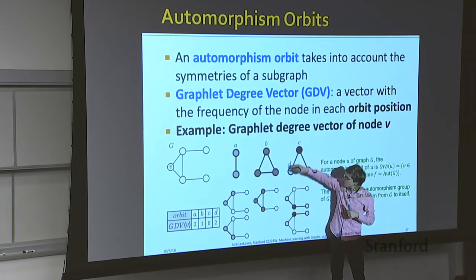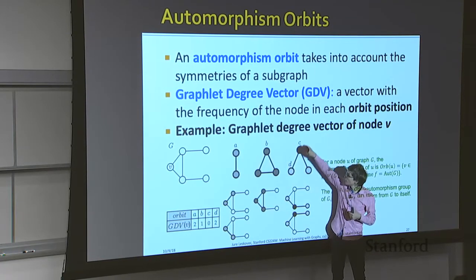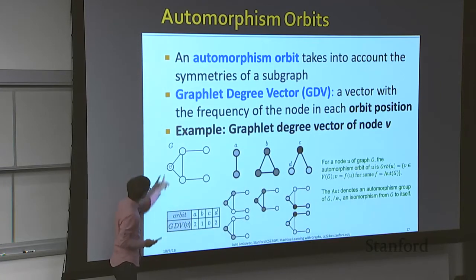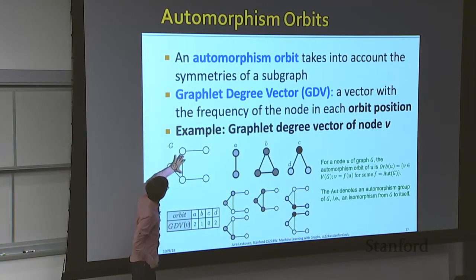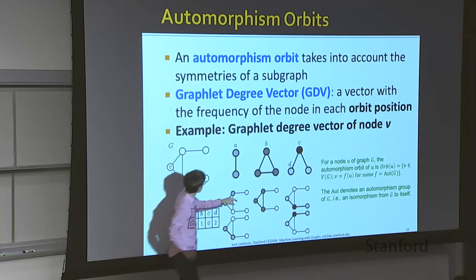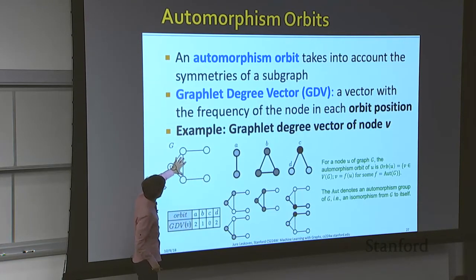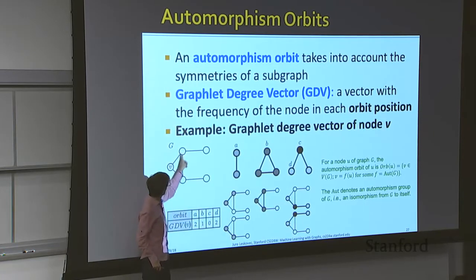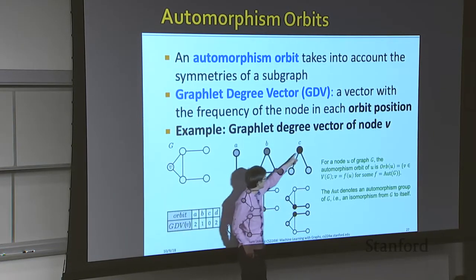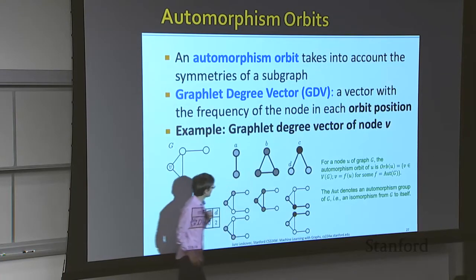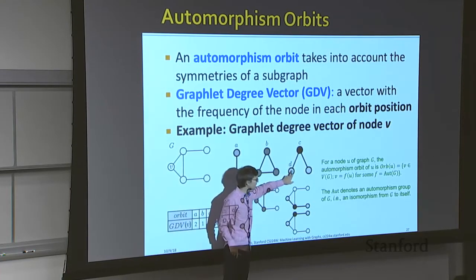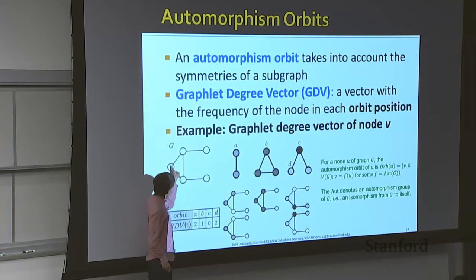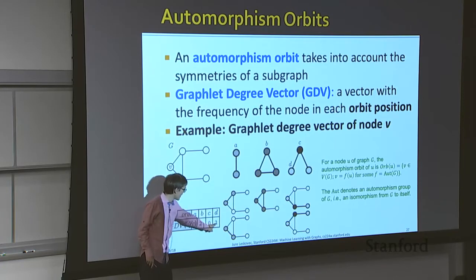Is it at this position or at that position? So for the orbit C, the instance of it would be here, but because this is defined as an induced subgraph, I have this edge too much, so my node V does not participate at orbit C in this type of graphlet. But if I look at the orbit D, then I see 2 instances of it, here and here. That's why I have a count of 2.